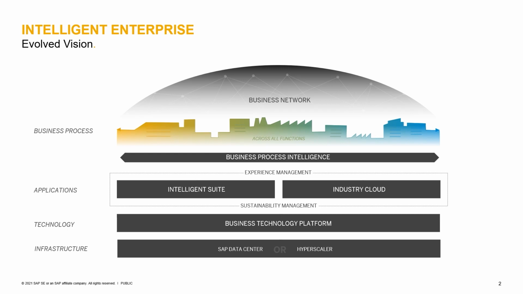For an enterprise to run intelligently, it must run integrated end-to-end business processes powered by data. Today's challenges require entirely new levels of flexibility, resiliency, and time to value. The breadth and depth of our portfolio makes this possible. We integrate both technology and business processes to deliver significant value.